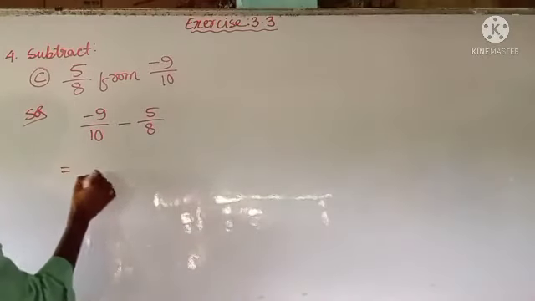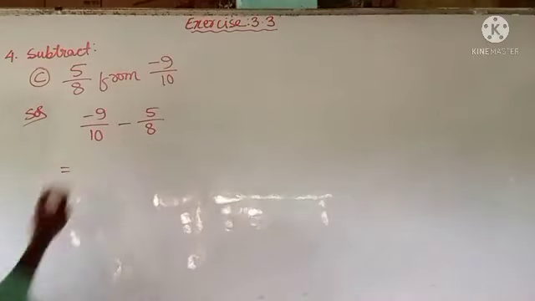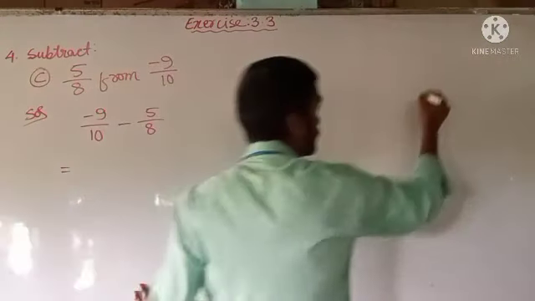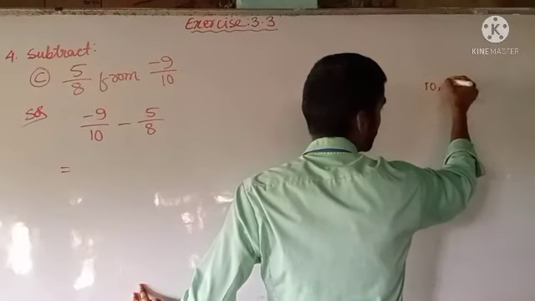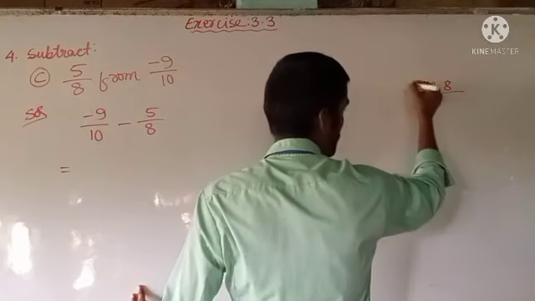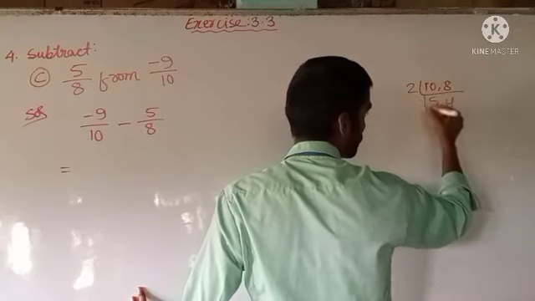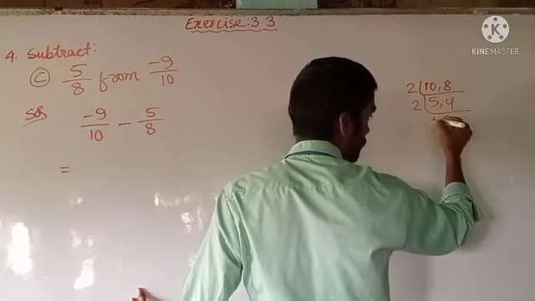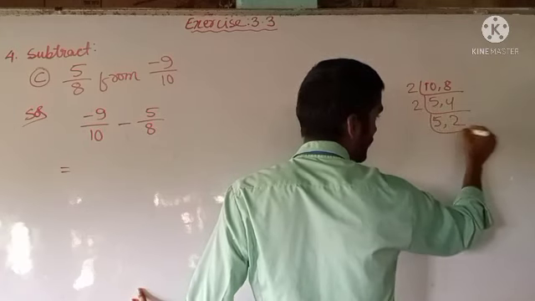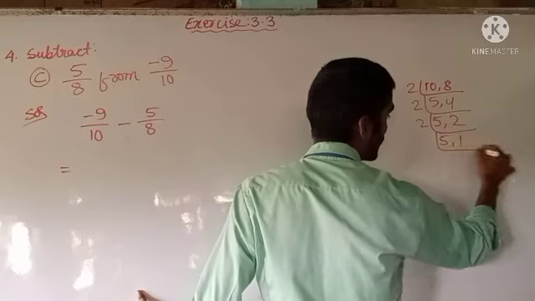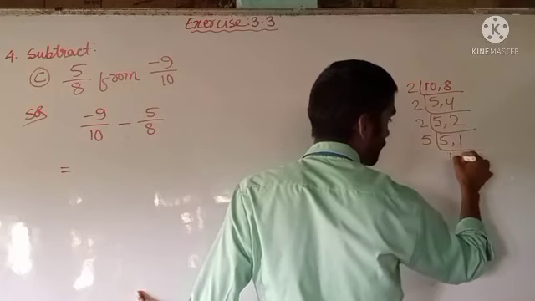Alright. Now here 8 and 10, they are not like terms, that means the fractions here are not like. So what we will do is we will find the LCM of 8 and 10. Here it is divisible by 2, so we will divide it by 2. 2 5s are 10, 2 4s are 8, again by 2, 5 and 2, again it is divisible by 2, 5 and 1, again this 5 is divisible by 5 itself.